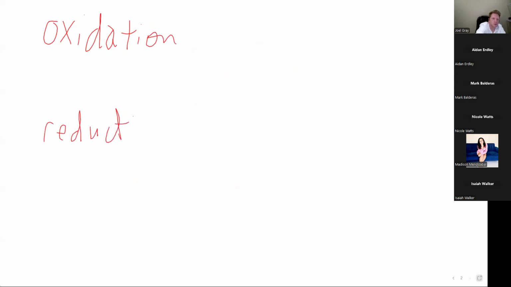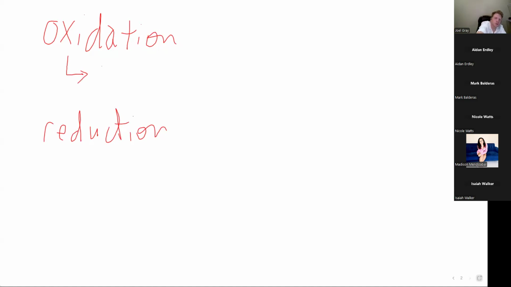So when it comes to 8.1 and 8.2, there are a couple of important terms that you need to know. One of them is oxidation. Another is reduction. Then you also need to know when something is oxidized, it undergoes oxidation.